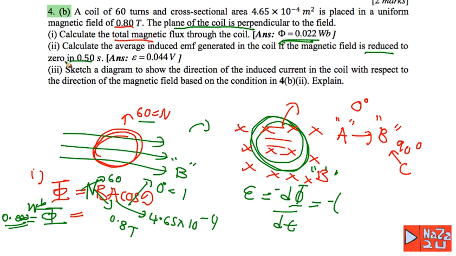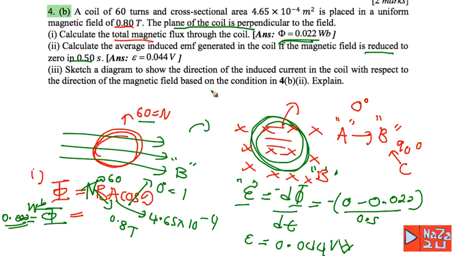The flux initial is 0.022. The final is 0 minus the initial 0.022, in the time t of 0.5 seconds. So you can produce the EMF. So EMF is equal to 0.044 volt.